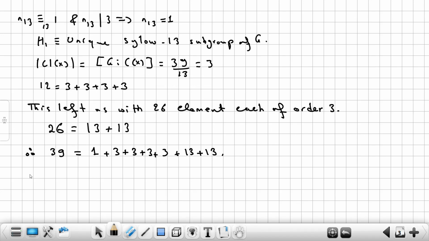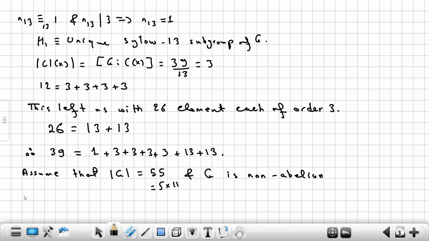So now assume that the order of our group is equal to 55, and of course G is non-abelian. The prime factorization of 55 is 5 times 11.